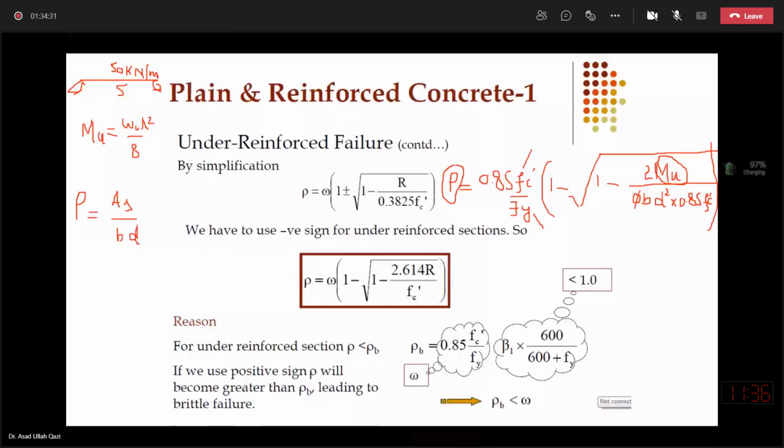So as a design problem, if you are only provided with the beam span and ultimate load at least, that's it.